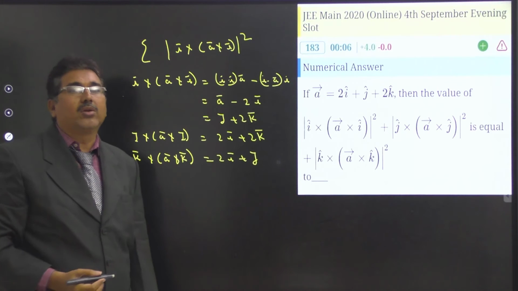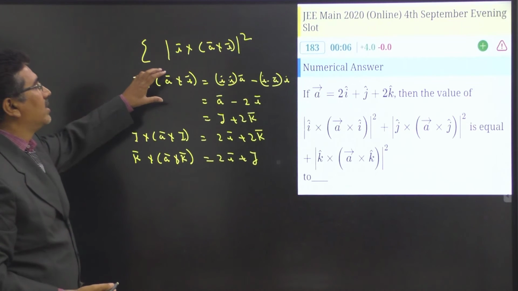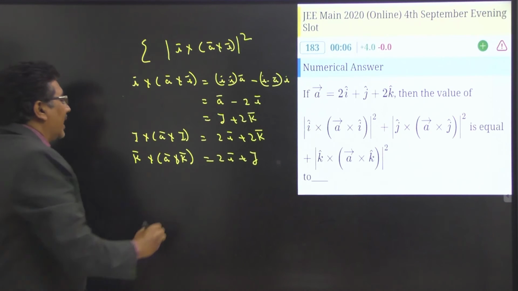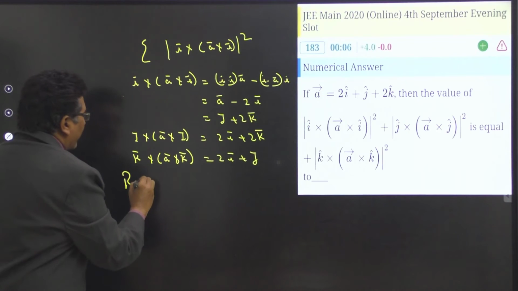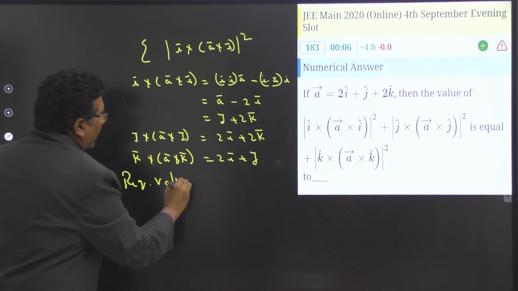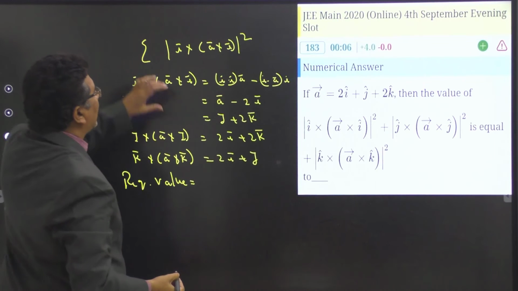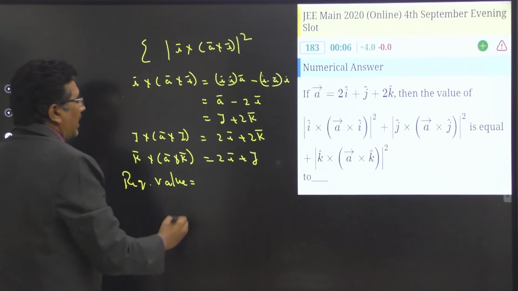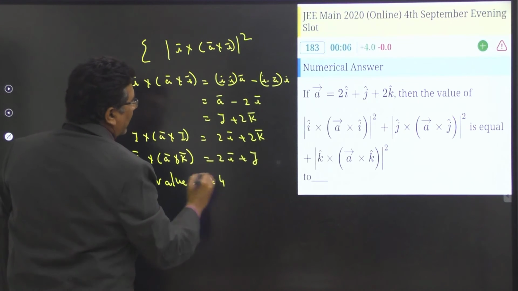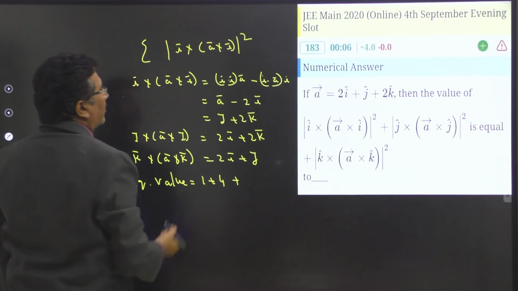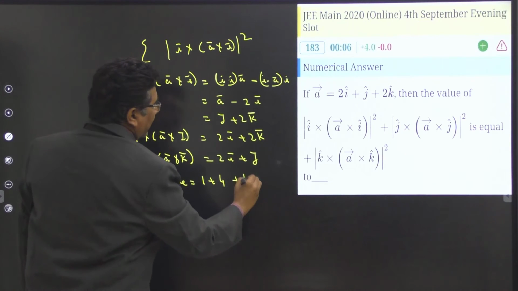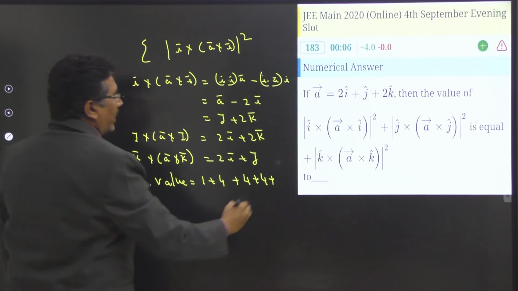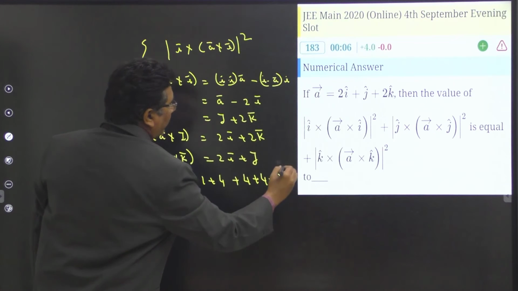Now we want to calculate the sum of the squares of their magnitudes. The required value is equal to the magnitude of this vector whole square, that is 1 plus 4, then the square of the magnitude of this vector, that is 4 plus 4, again the square of the magnitude of this vector, that is 4 plus 1.